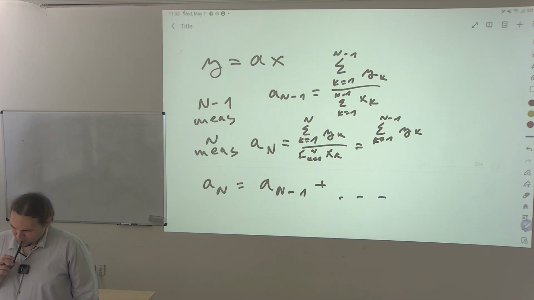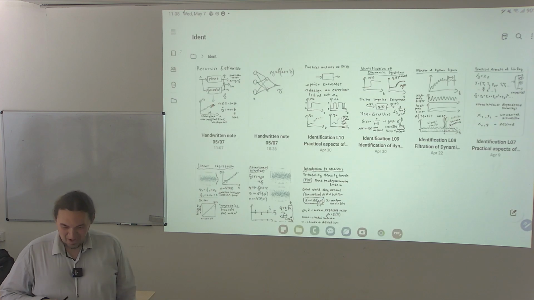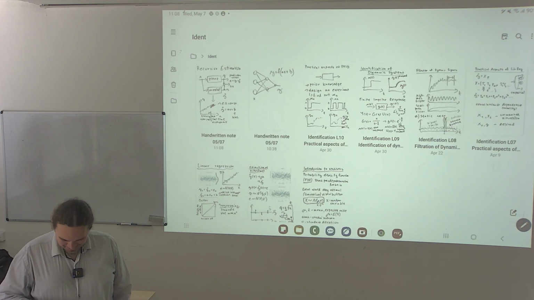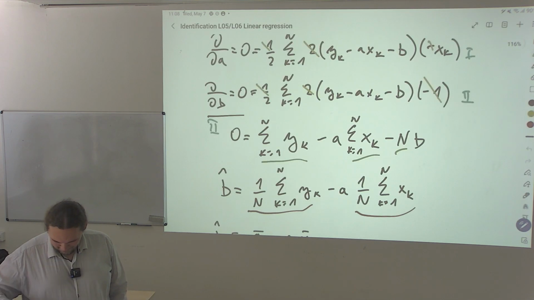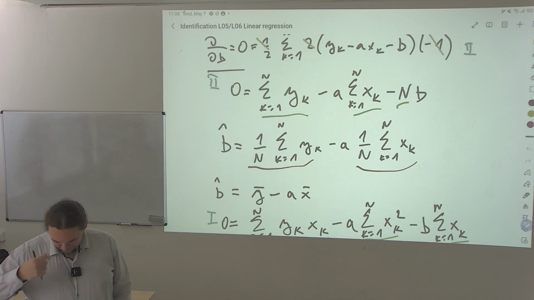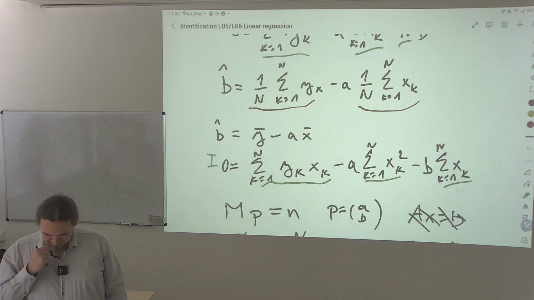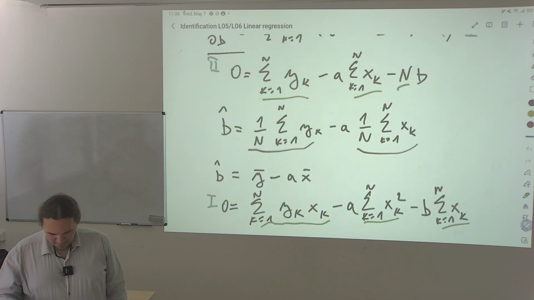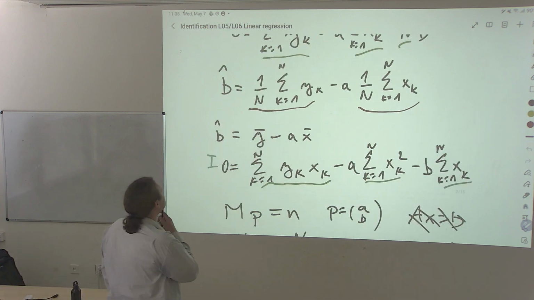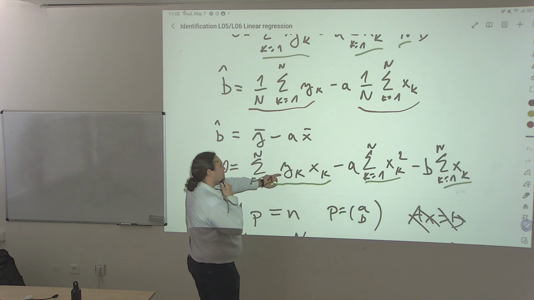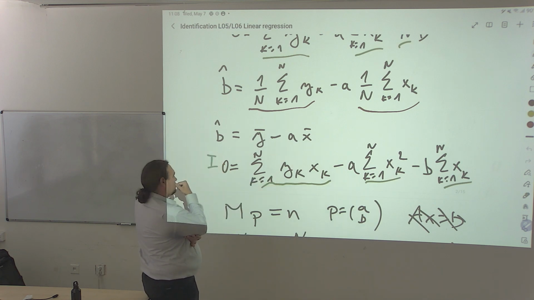Did we take the correct formula? I have a different one in my notes. My notes say we should have this formula, and why is that?